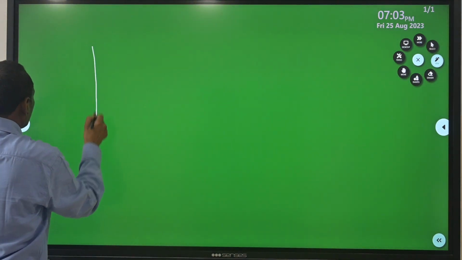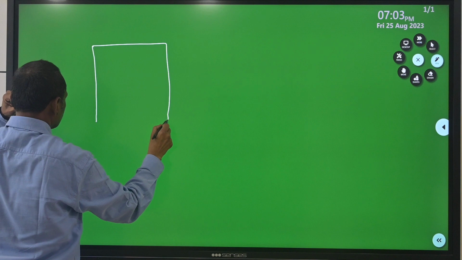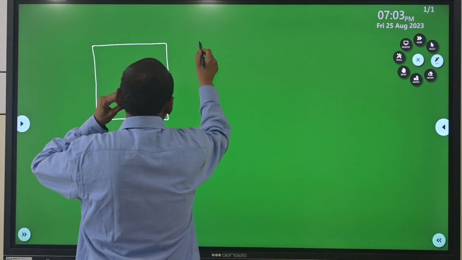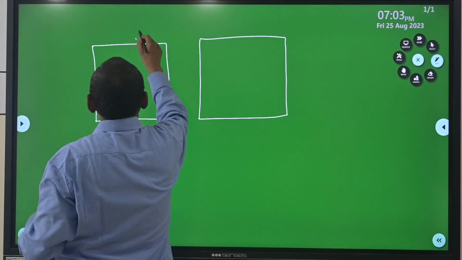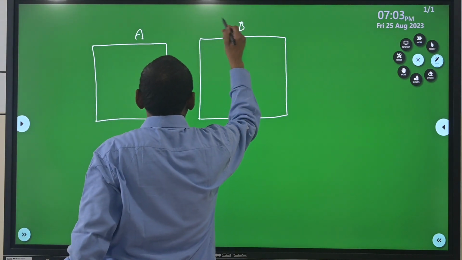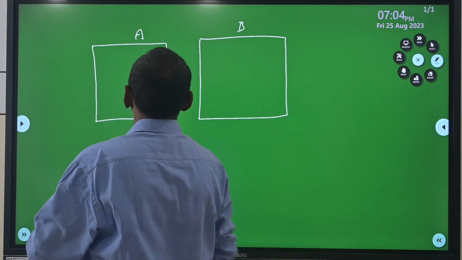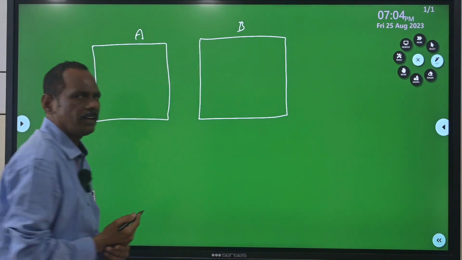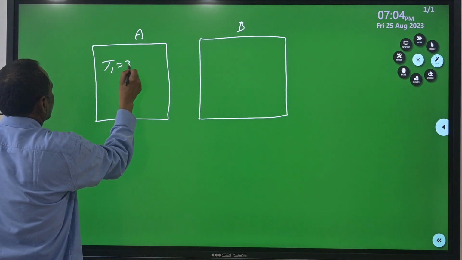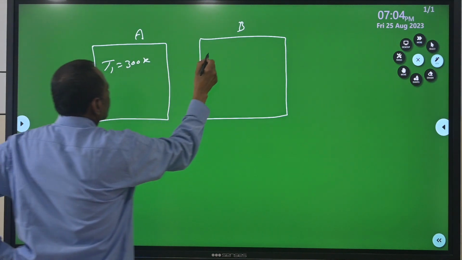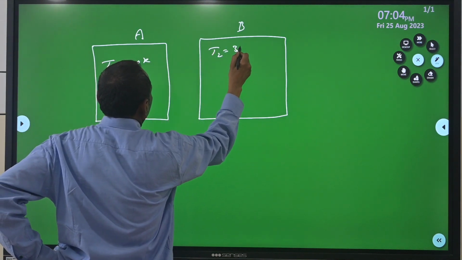There are 2 containers, A and B. In both, some water vapor is given. The first vessel is at the temperature of 300 kelvins and the second one is at the temperature of 350 kelvins.